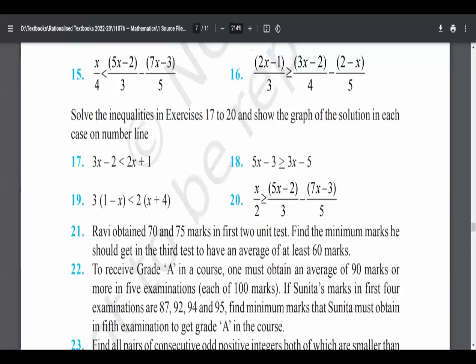So this is our 3, this is our 4, circle 3 as we do not have to include it. Now you can show 2, 1, 0, and minus 1, minus 2 till minus infinity. And now what we have to do is just darken this part. Let me use another color.